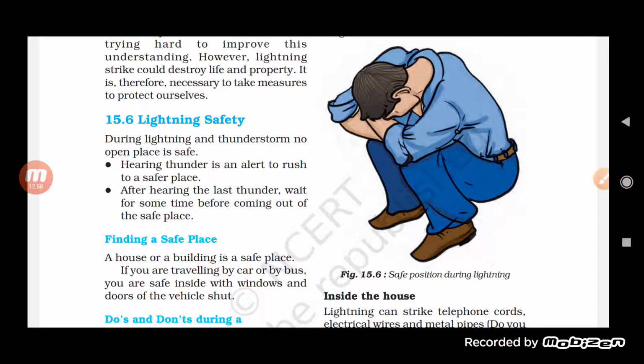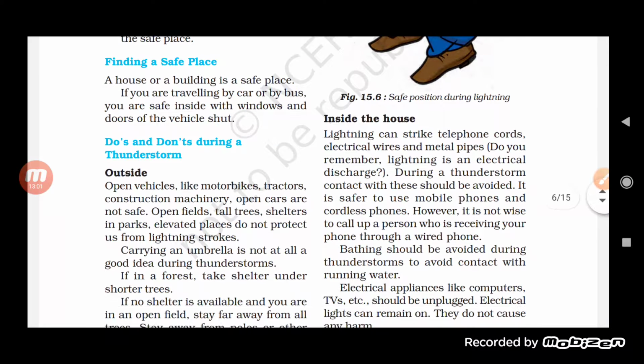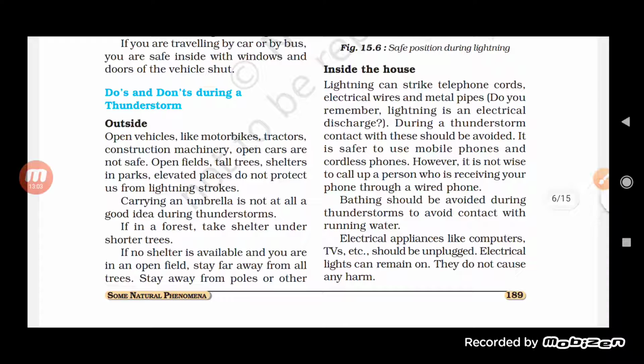Now, what are the do's and don'ts that we must follow during a thunderstorm? Outside, open vehicles like motorbikes, tractors, construction machinery, and open cars are not safe. Open fields, tall trees, shelter in parks, and elevated places do not protect us from the lightning stroke.